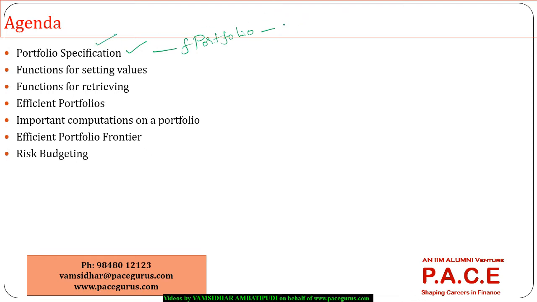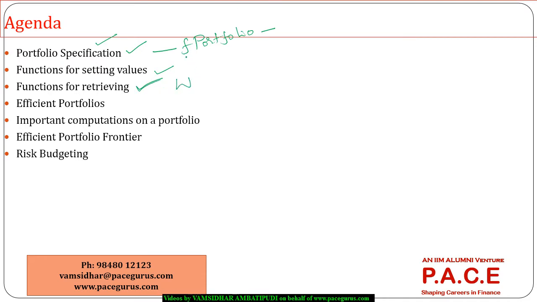We'll try to understand this one single function which helps us to set so many things regarding a portfolio. So what all settings I can do for creating different kinds of portfolios, and whatever results I have got, how do I really retrieve the various results?